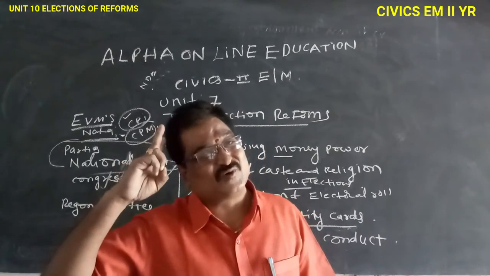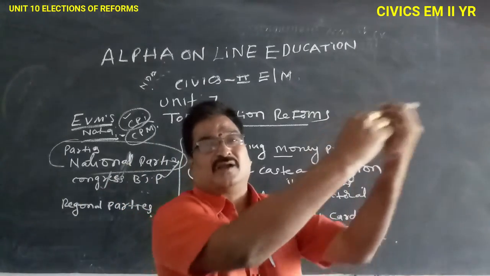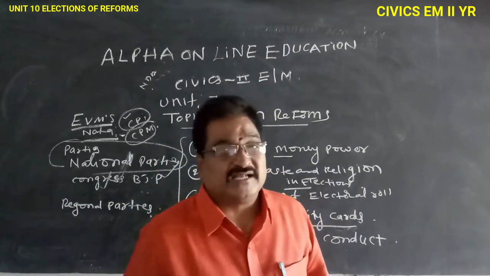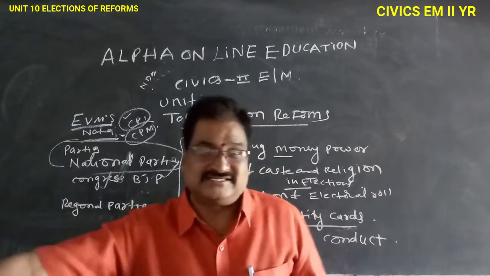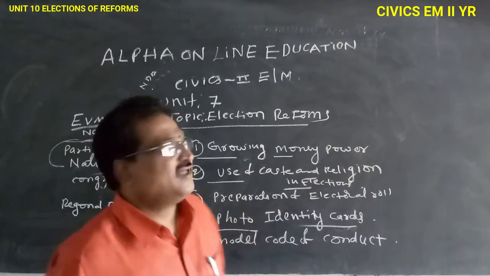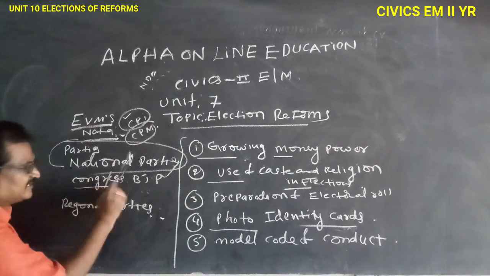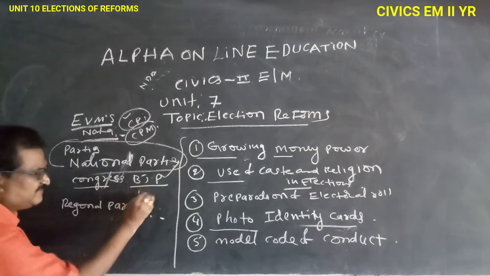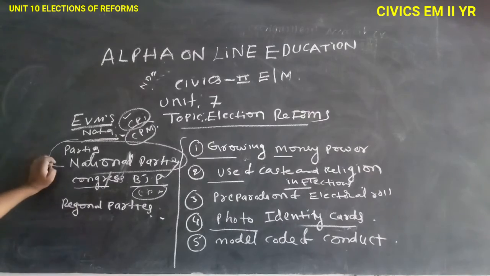The people believe in the NDA alliance or the UPA alliance. Now the NDA alliance is on the ruling side, the UPA alliance is on the opposition side. The national parties are the Congress party, the BJP, the CPM and the CPI.